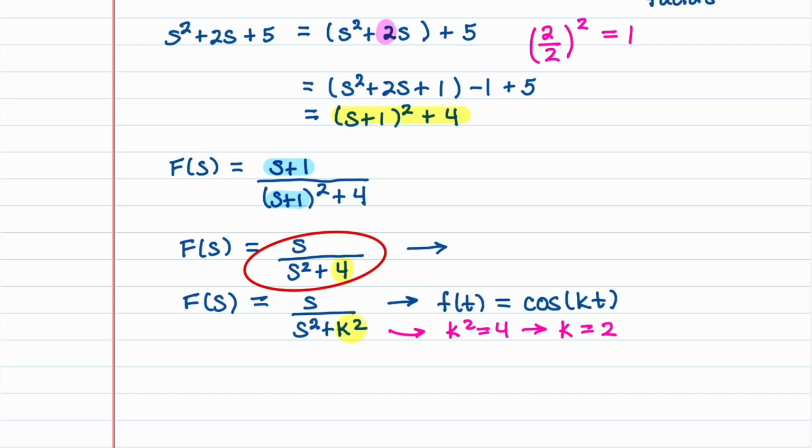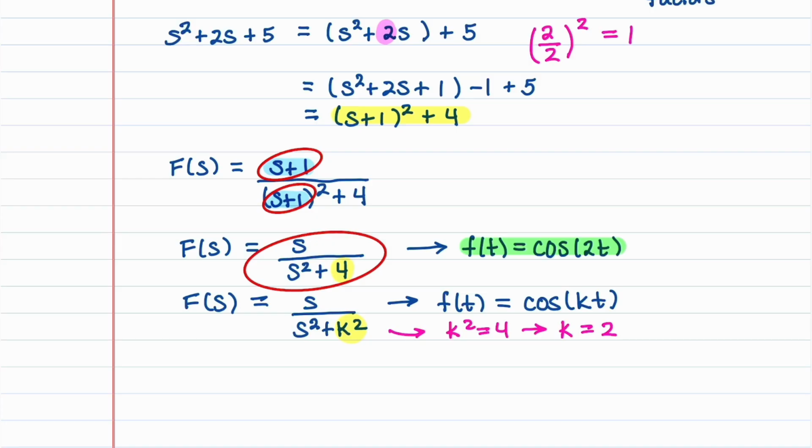Now we can write down the inverse Laplace transform of this function circled in red, and it is going to be little f of t is equal to cosine. Instead of k, we now have a 2. Let's go ahead and highlight this. We're almost there. Now what we have to do is take the shift into account. Let's write down the formula for the shift.